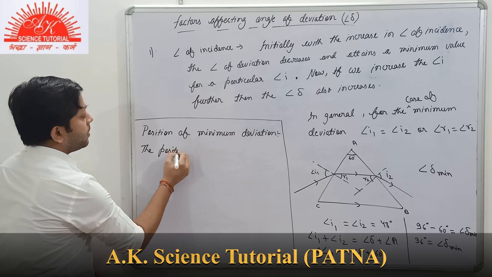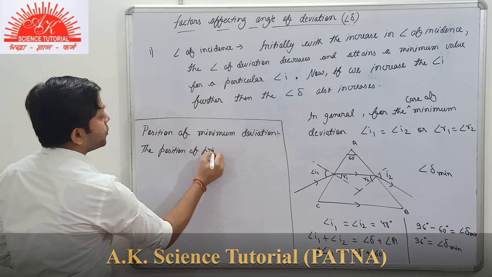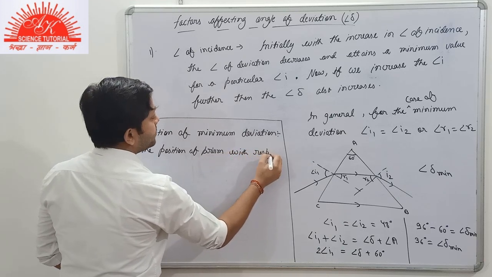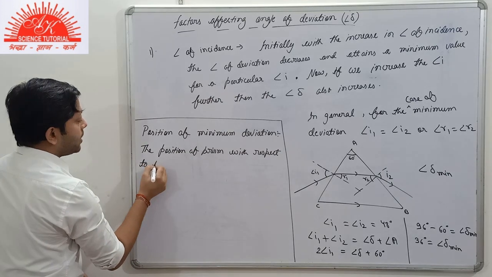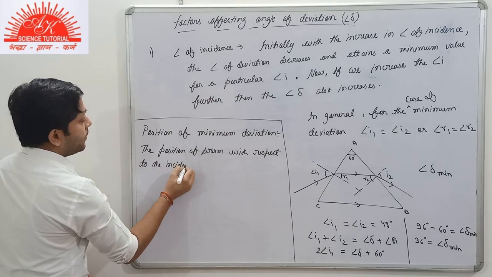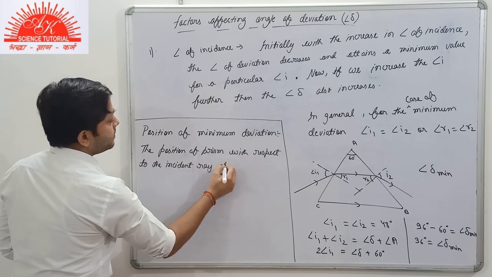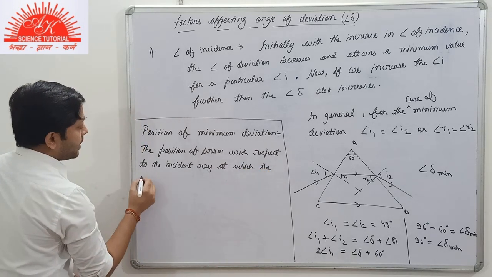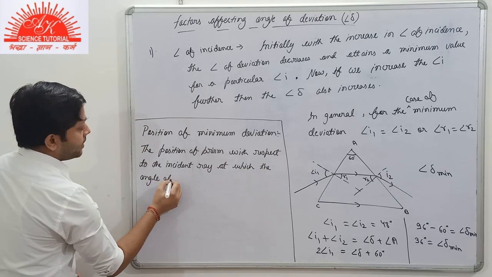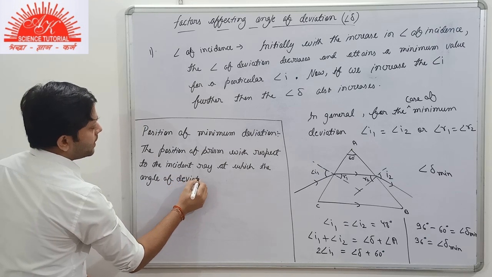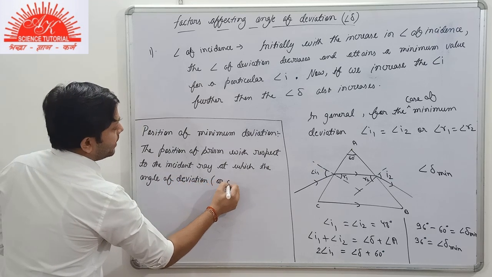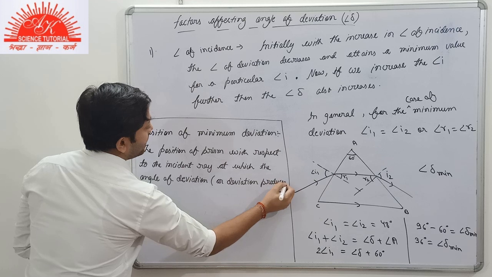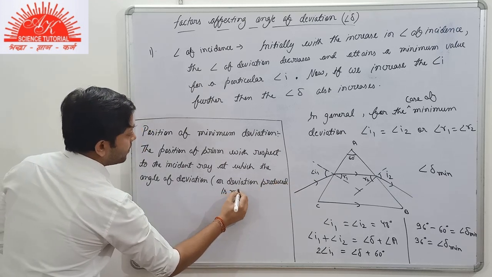The position of prism with respect to the incident ray at which the angle of deviation, or the deviation produced, is minimum.